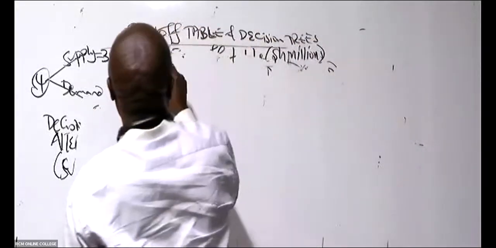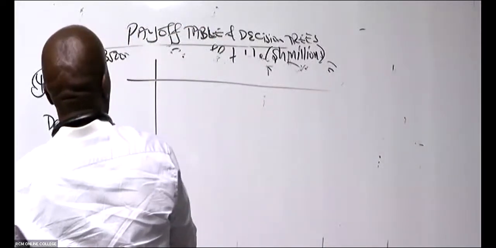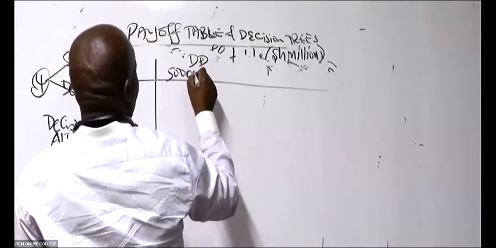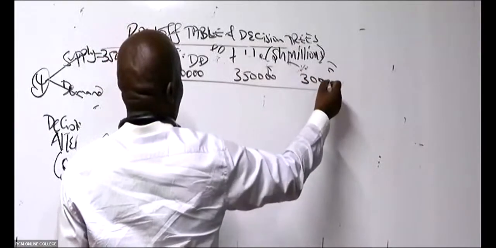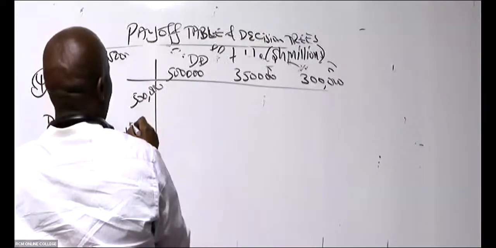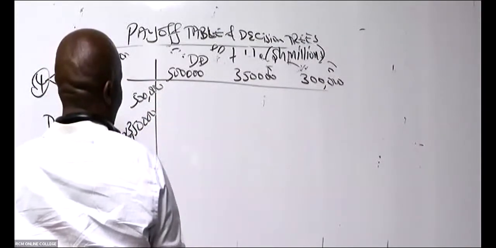Now, ladies and gentlemen, remember this is our table. So we have here supply, we have here demand. So 500, 350,000, 300,000. Then we have 500,000, 350,000, 300,000.